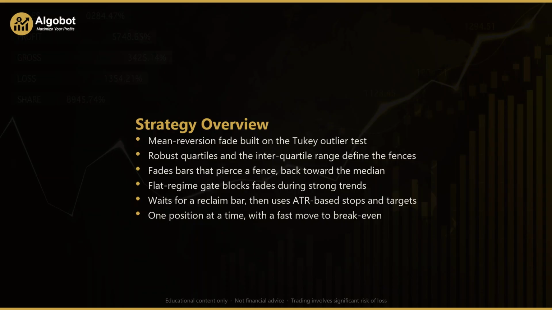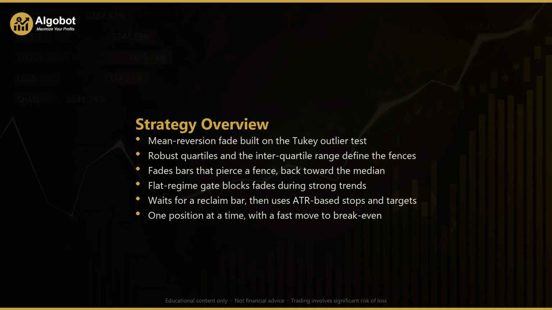The strategy trades a single symbol on a single time frame, whatever chart you attach it to, so it works the same on foreign exchange pairs, indices, or metals in the strategy tester. The only indicator it relies on beyond the quartile fences is the average true range, which it uses to size stops and targets and to measure whether the market is flat.